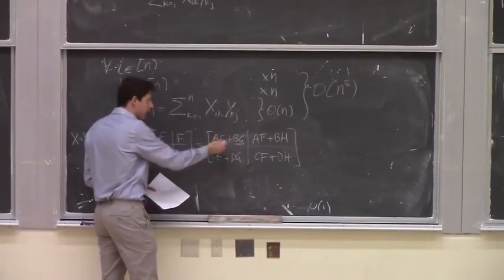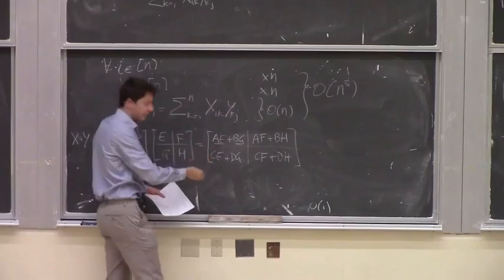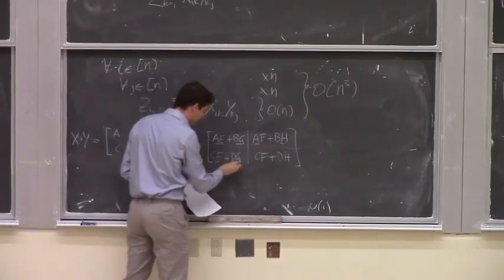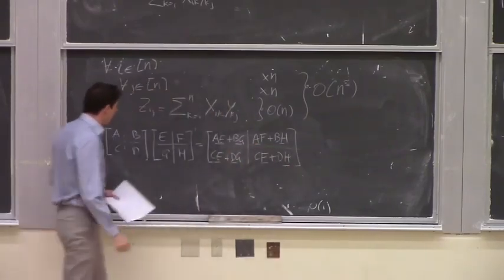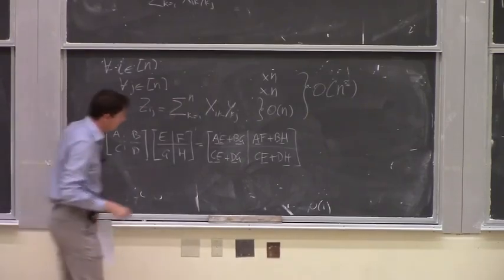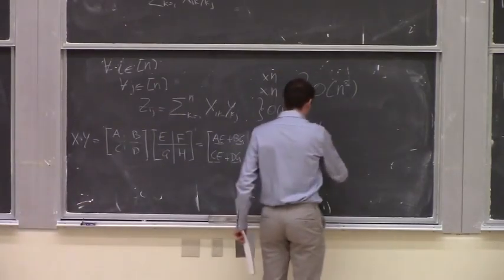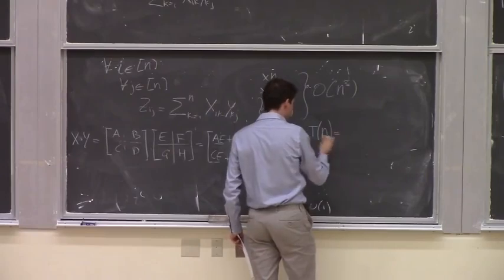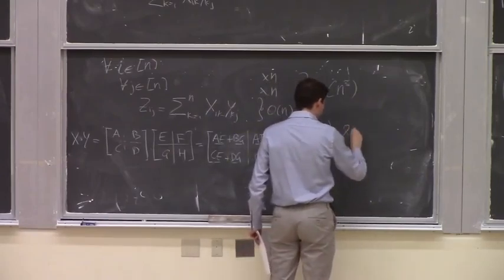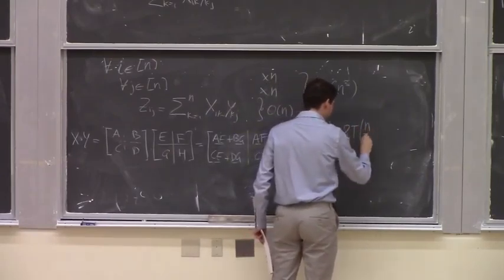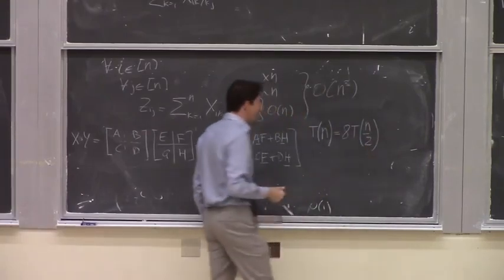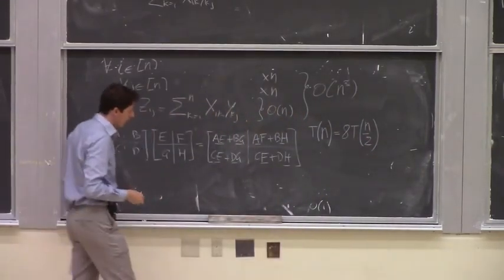Because this entire block here actually requires 2 multiplications. 3, 4, 5, 6, 7, 8, right? So this expression gives you a recursion that looks as follows. It's T(n) = 8 T(n/2), right? Because I'm halving the size of my problem.